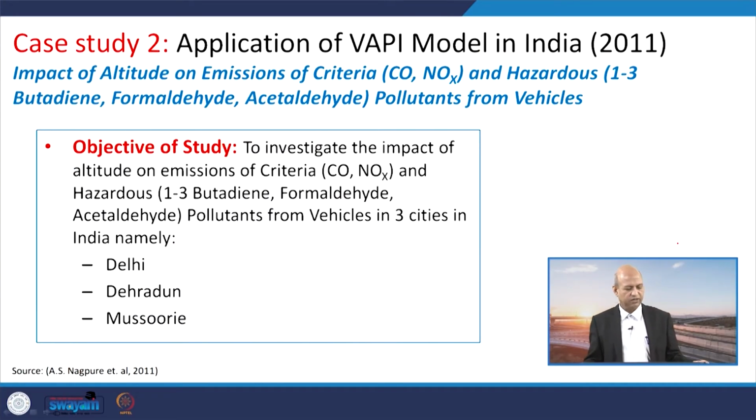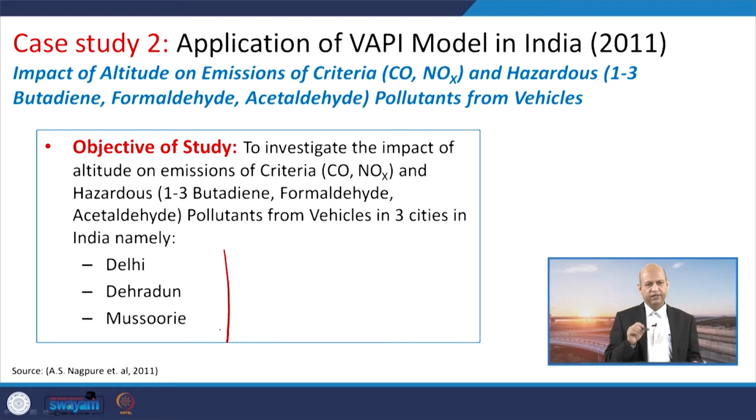Well, now we come to the second case study, which is the application of the VAPI model, vehicular air pollution inventory model, applied for estimating the impact of altitude. So, we have considered three cities, Delhi and then Dehradun in Uttarakhand, which is at a higher elevation, and then Mussoorie, which is a hill station.